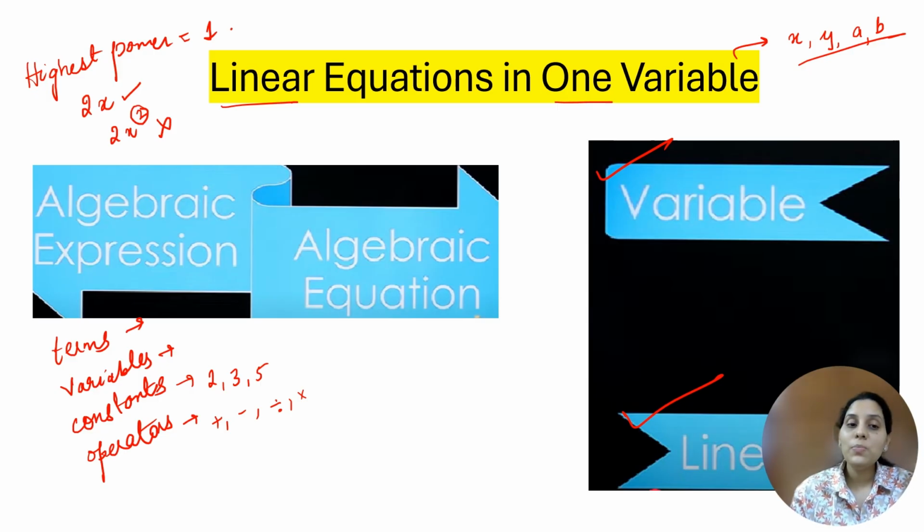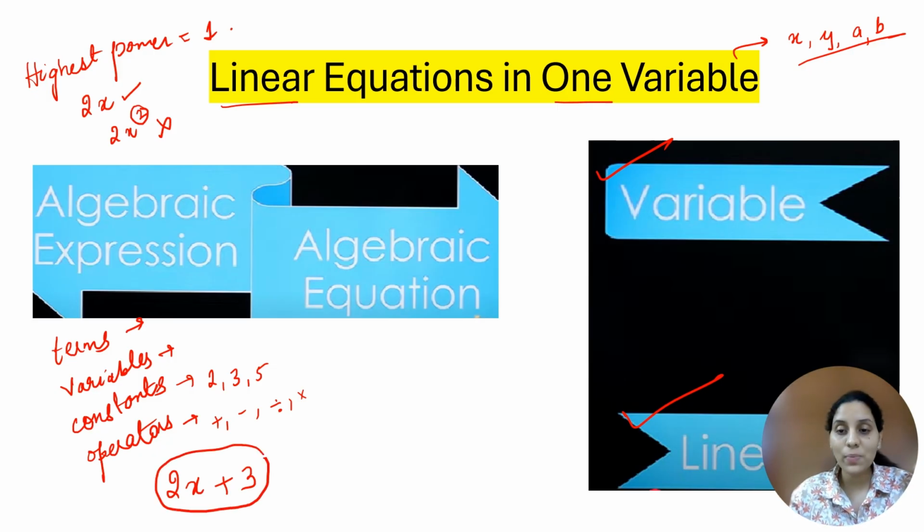Now let us take 2x plus 3. This is an algebraic expression with constants, variables and operators. Here we have two terms: 2x is one term and 3 is another.